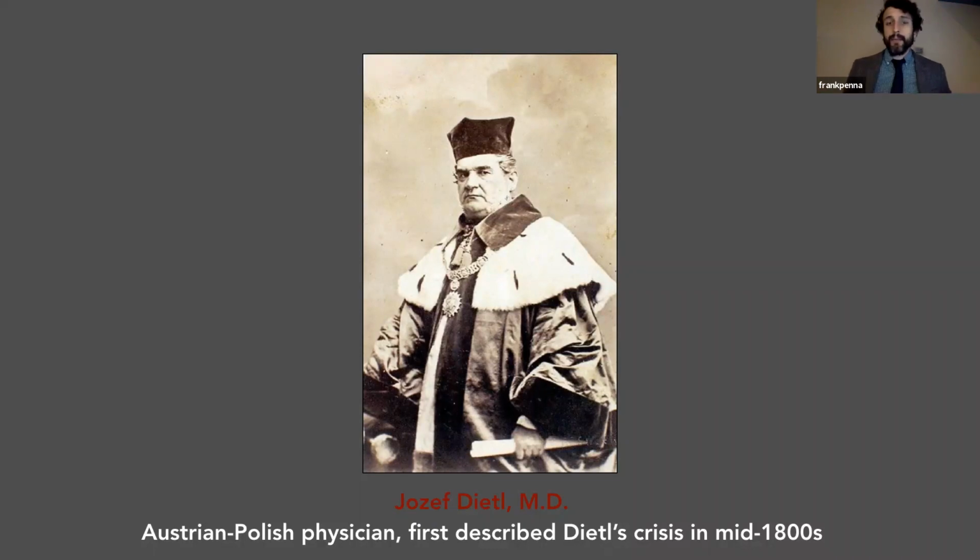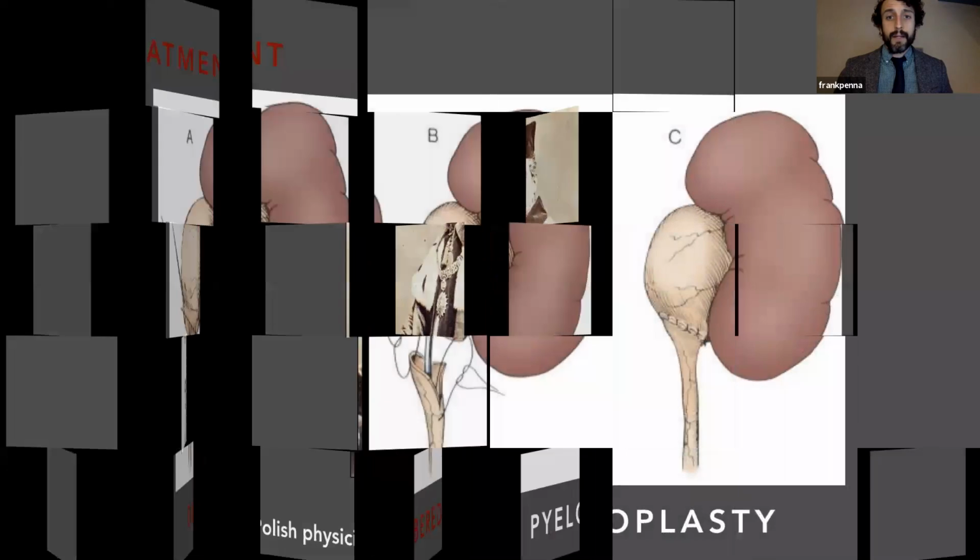During periods of diuresis, that obstruction may be challenged, and as a result they get severe flank pain. They might come into the ER with that flank pain. That's just the name of the crisis. He coined the term.